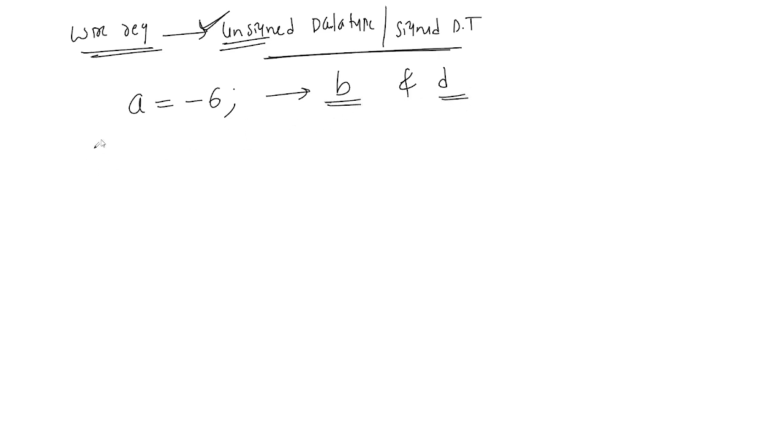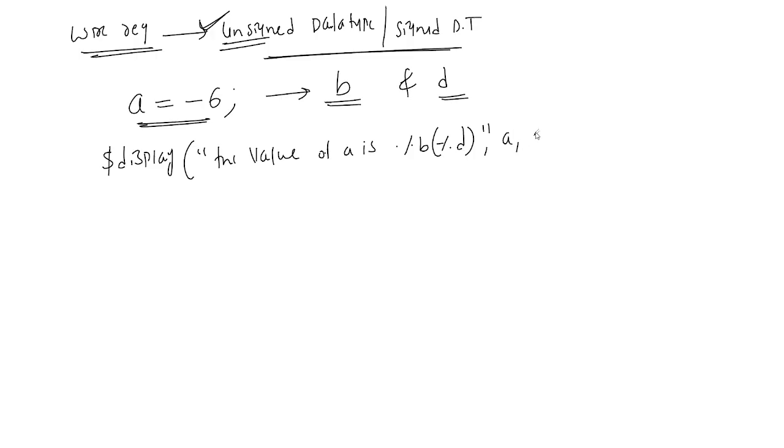I want to display. Suppose here I am using a equal to -6, and I am using $display, the value of a is percentage b comma percentage d comma a.